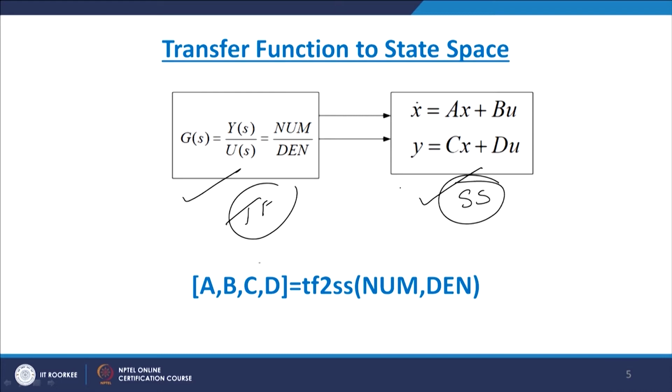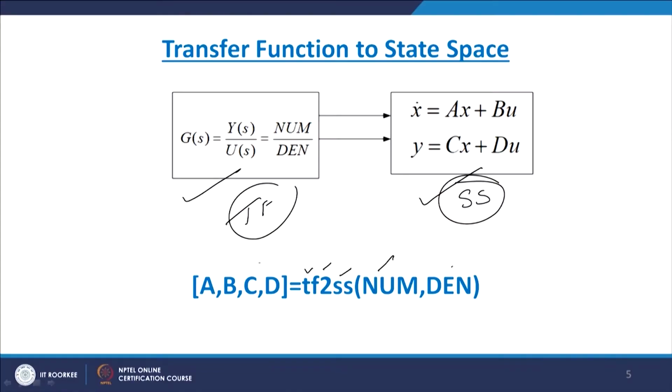So, we start by writing command tf to ss, that means we are getting a state space model. The input in this case is numerator and denominator. So, we will get A, B, C, D. That means from a given transfer function we can easily determine the A matrix, B matrix, C matrix and D matrix of a state space model.